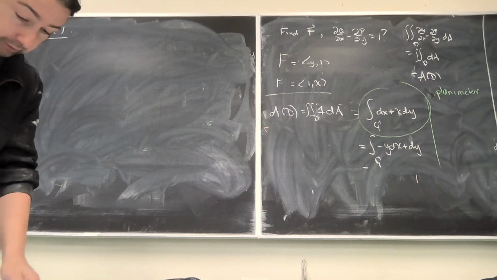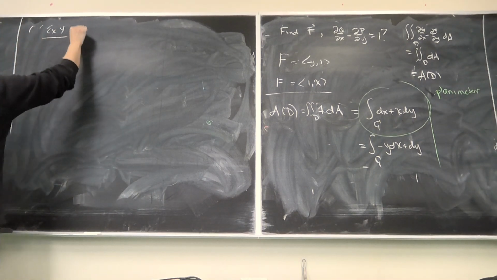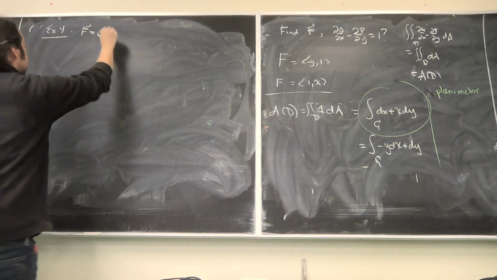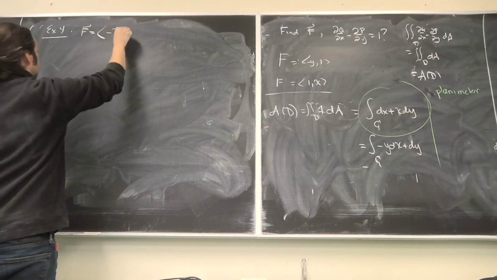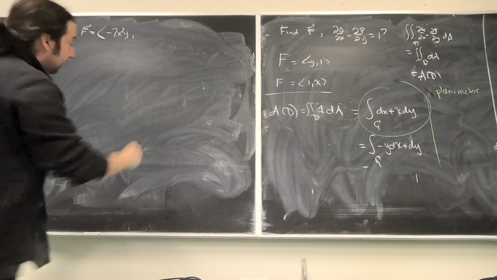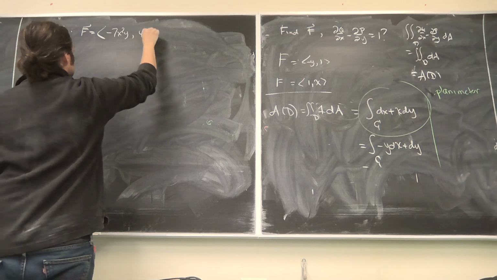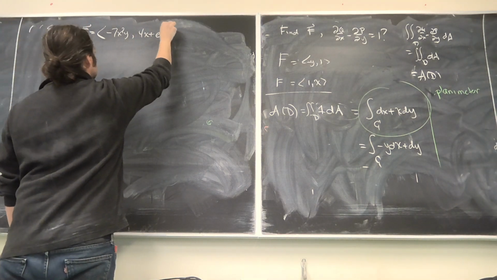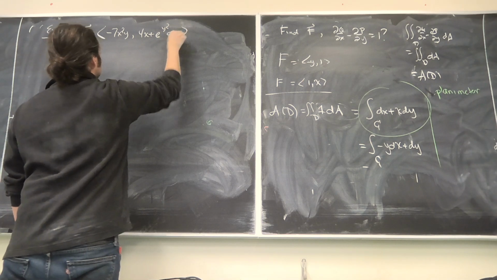Here's that gnarly thing I wrote before. Let F be equal to the vector field minus 7x squared y, 4x plus e to the y squared cosine of y.